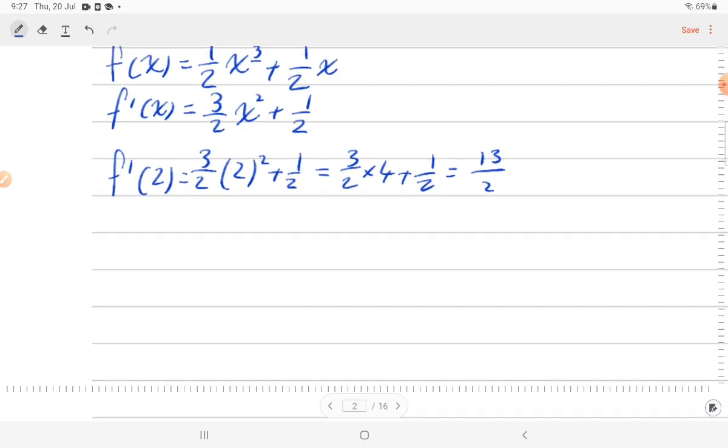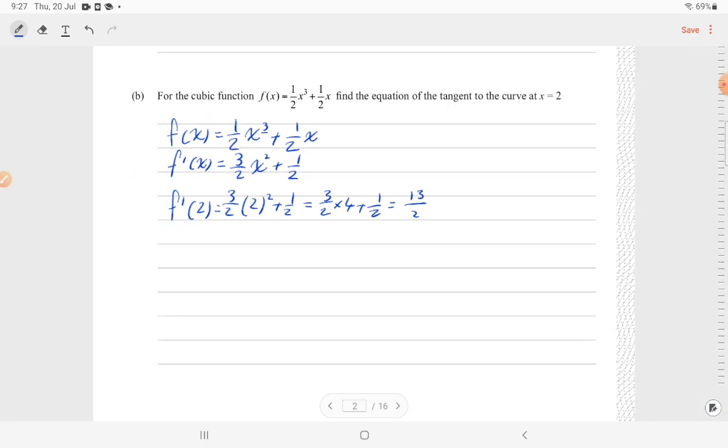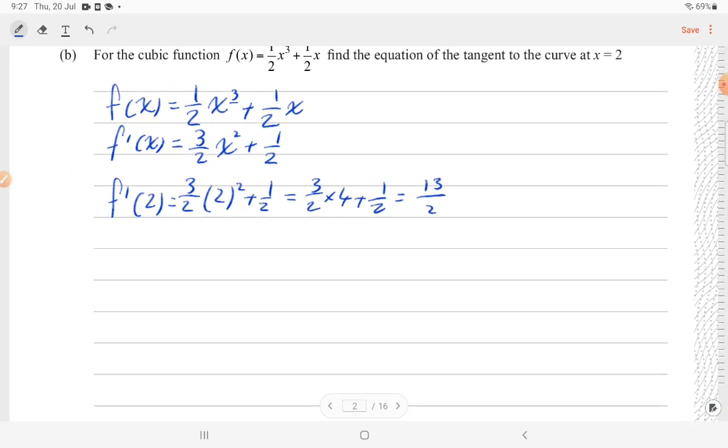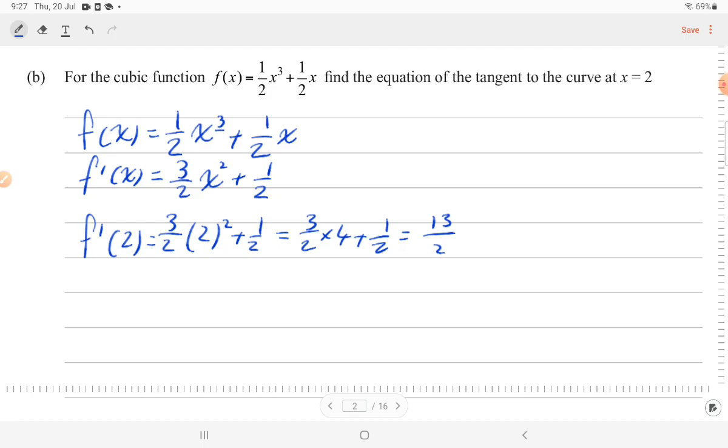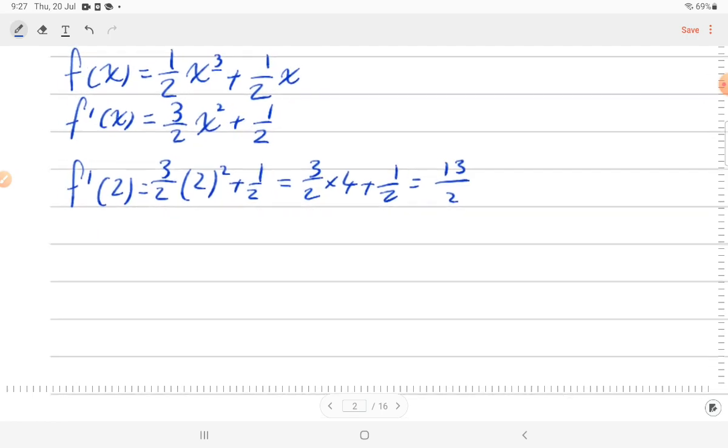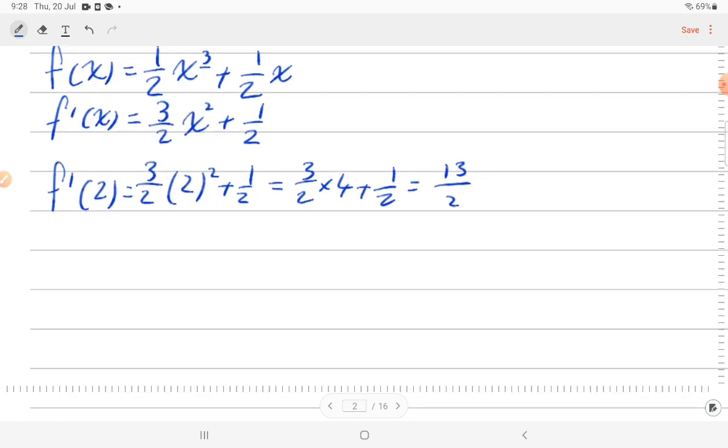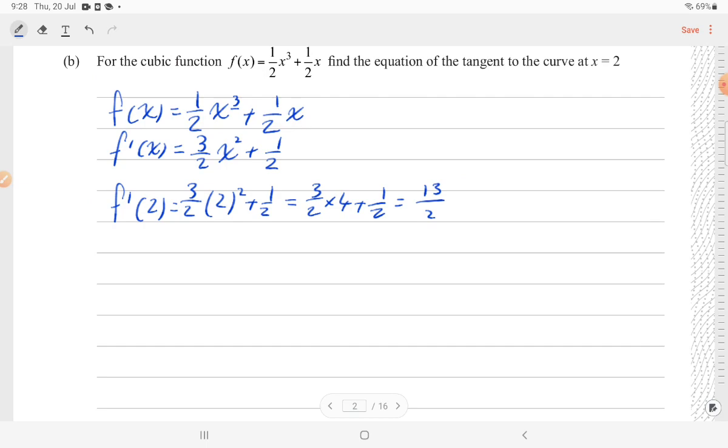So we calculated that the derivative at x equals 2 is 13 over 2, and so the graph will have a tangent with a gradient of 13 over 2.